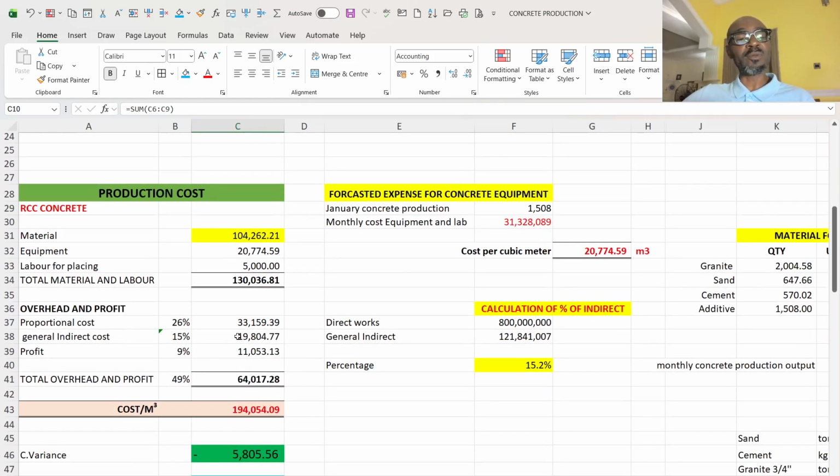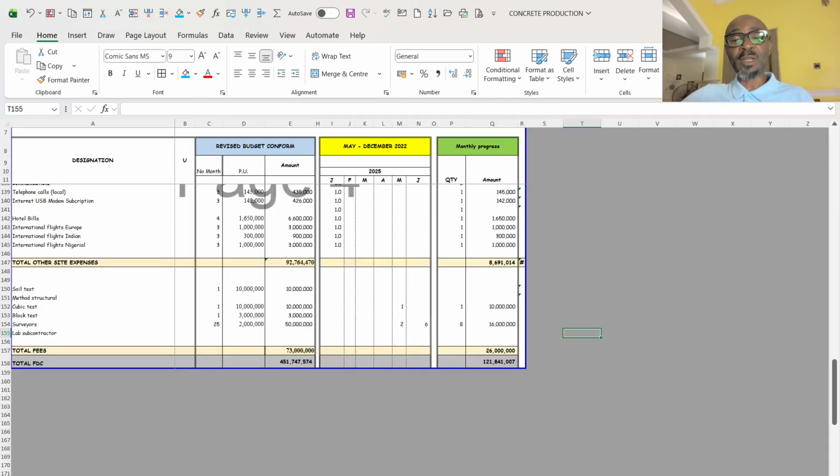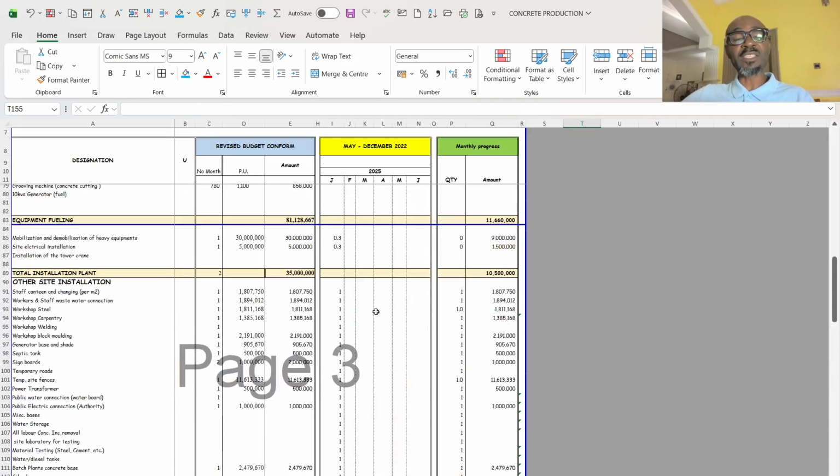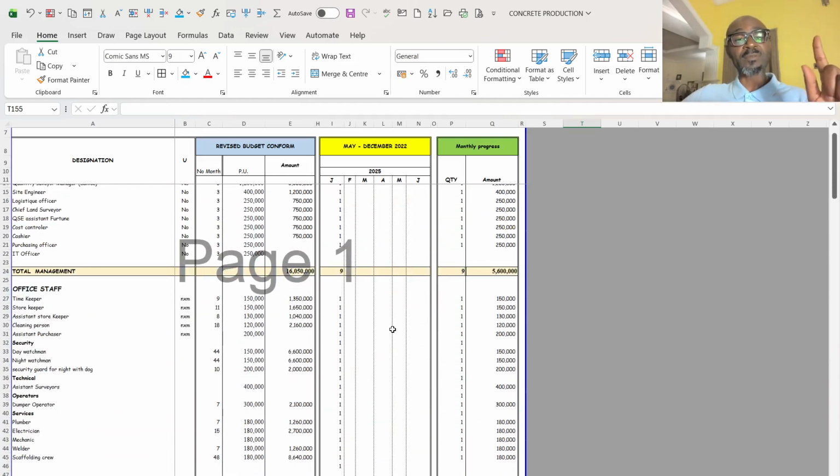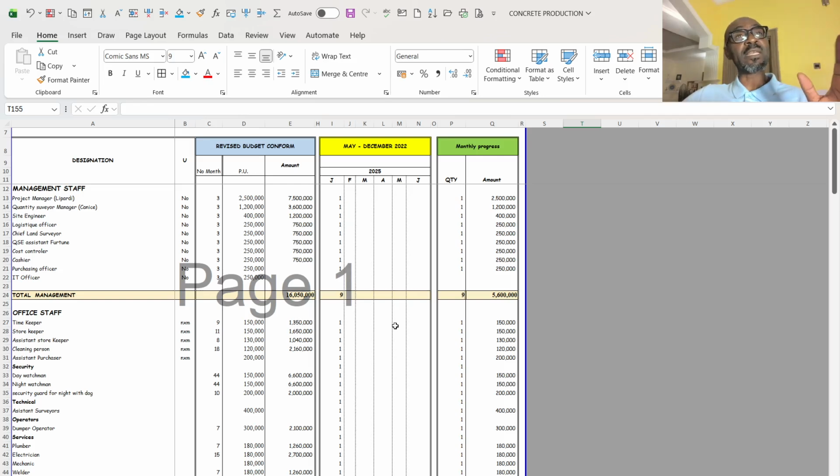Then I now came to the prelims of cost. The proportional cost remains the same. The profit remained the same. Then for the percentage of the other general preliminaries, I went further to take advanced progress for 1 month from that 313 million, which was for the 3 months.